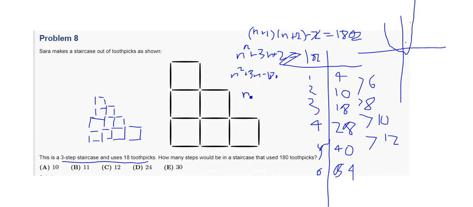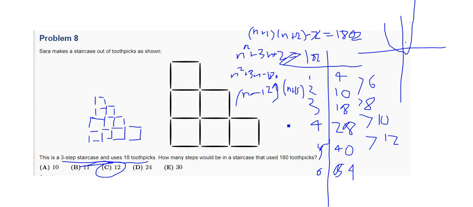So we can write our function like this: n minus 12 times n plus 15. From here, we only want to take the positive solution, because we know we can't have negative toothpicks. So our positive solution is also 12 in this situation. And there we go, 12.